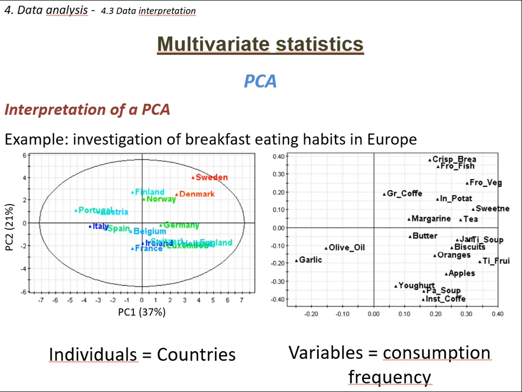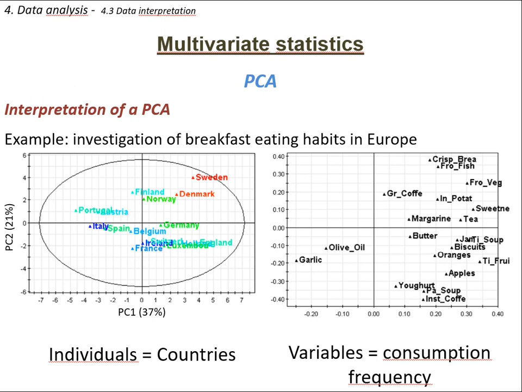The second is principal component number 2, and it expresses an independent 21% of the variance of the dataset. So altogether, you have 37 plus 21, which is 58% of the data variance expressed in these two principal components. So you have the major part of the variance, which is the useful information of your dataset, expressed in this plan.